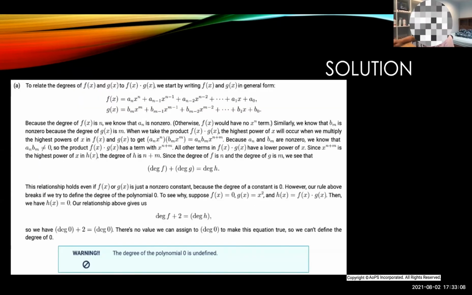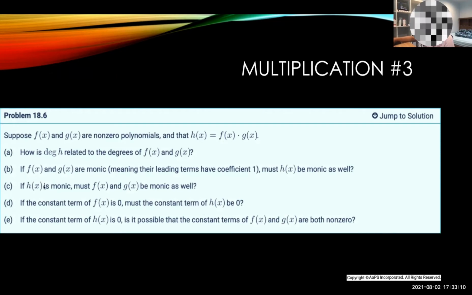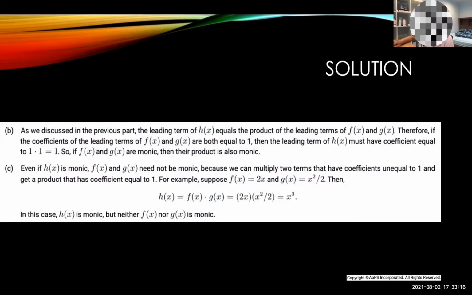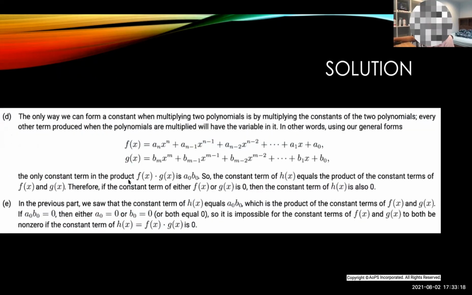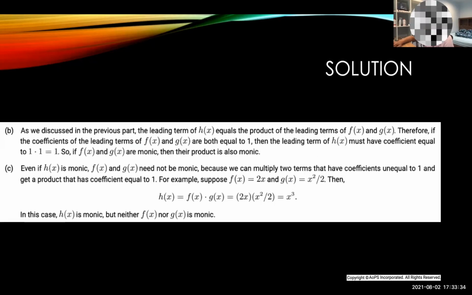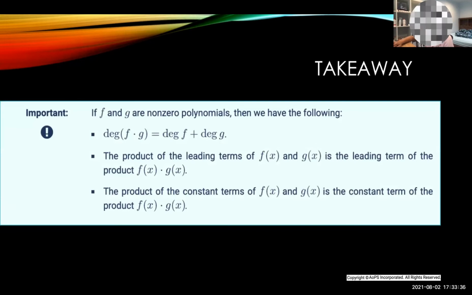I think I read it wrong, so it's confusing. Yeah, so if 0 multiplied by anything is also 0. And for E, it'll be impossible for constant terms of f of x and g of x to both be non-zero if the constant term of h of x is 0. So E is a no.